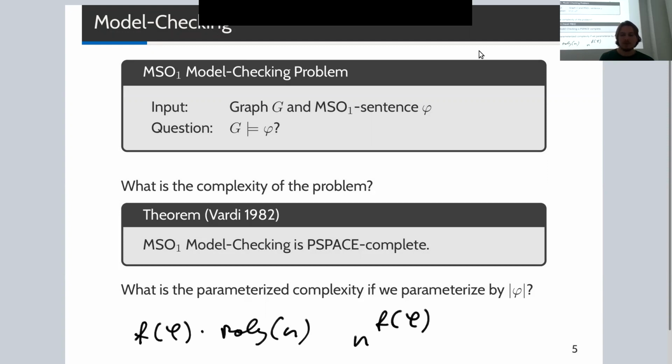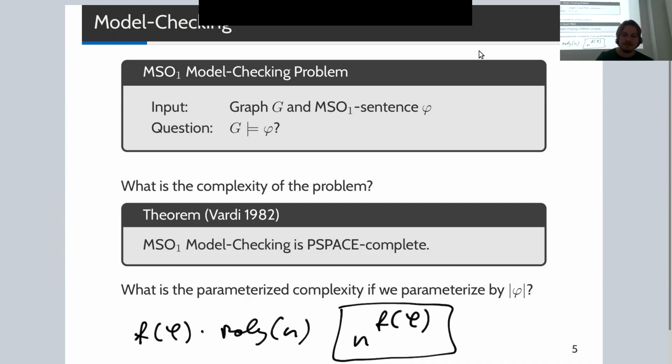But of course, this is also impossible because we saw that you can encode 3-coloring using a fixed formula of some fixed length. If you plug in this formula and you could evaluate it in time n to the f of phi, then you could evaluate the formula in some fixed polynomial time, and you would have a polynomial time algorithm for coloring, which we do not expect to exist.